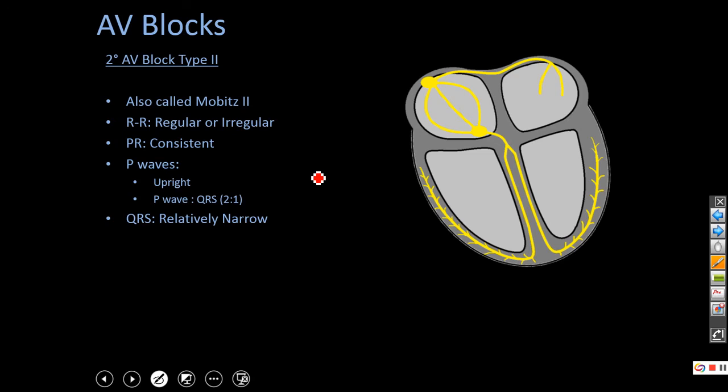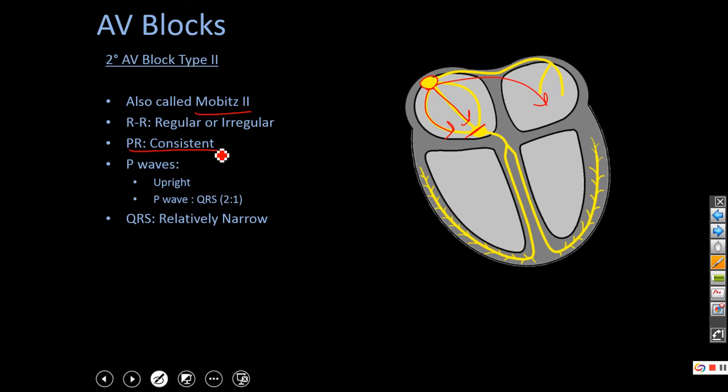Second-degree AV block type 2, also called Mobitz 2, is a little bit different. In second-degree type 2, you still have the SA node pacing the heart, and one of those electrical impulses gets blocked. However, there is no lengthening.